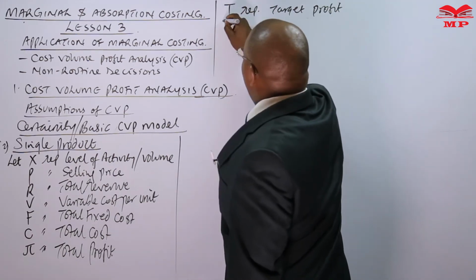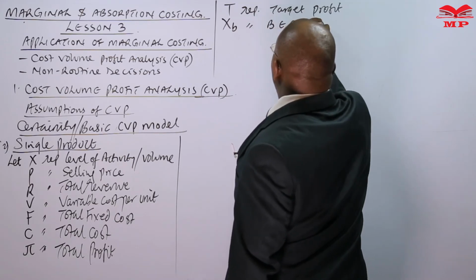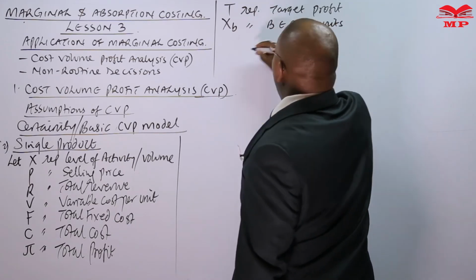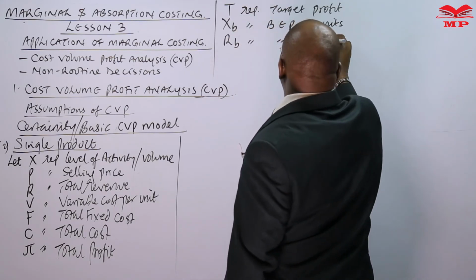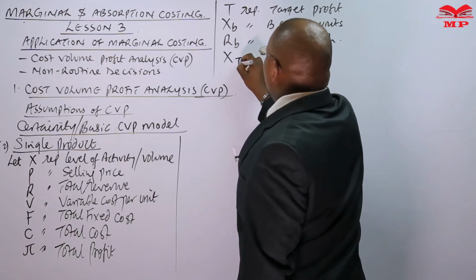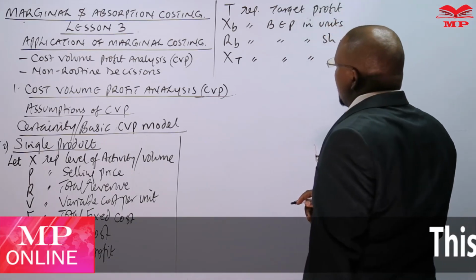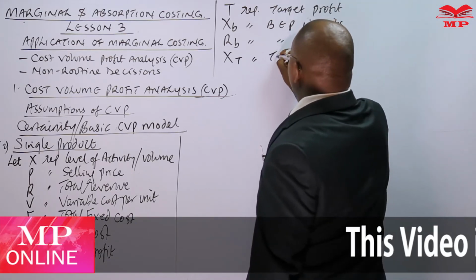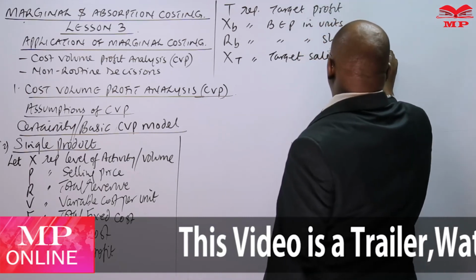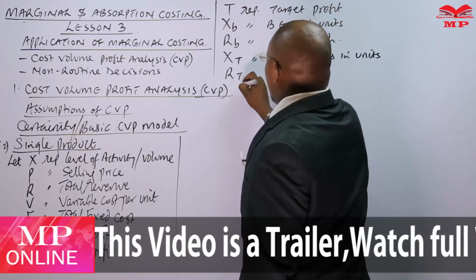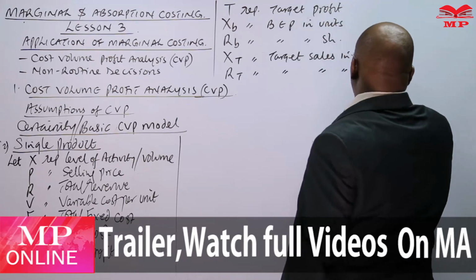We have XB representing break-even point in units, RB representing break-even point in shillings, XT, this is not break-even but representing target sales in units, while RT represents target sales in shillings.